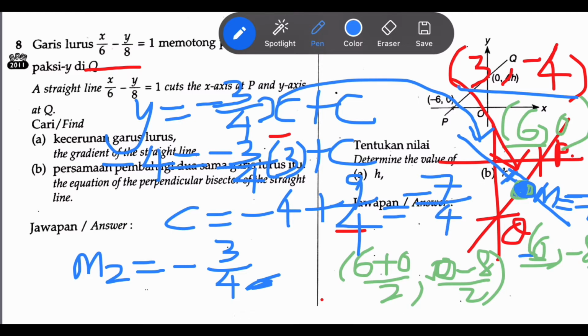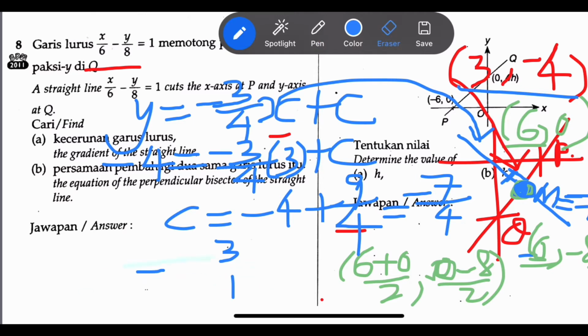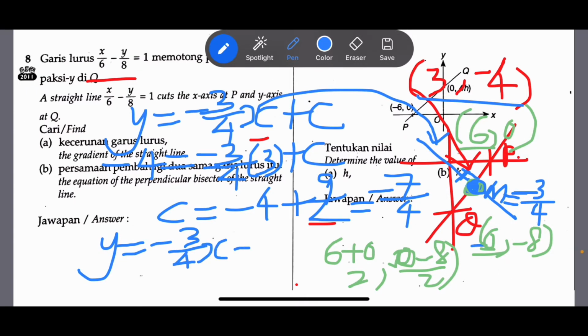That is the y-intercept for the blue line. With that y-intercept, we rewrite the equation: y equals negative 3 over 4 x minus 7 over 4.